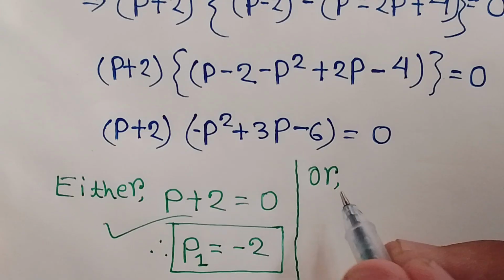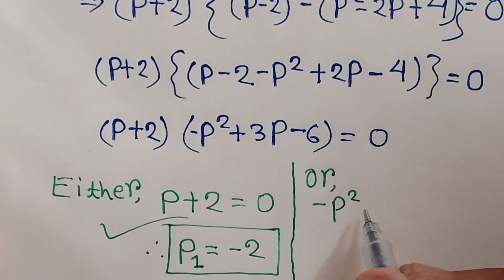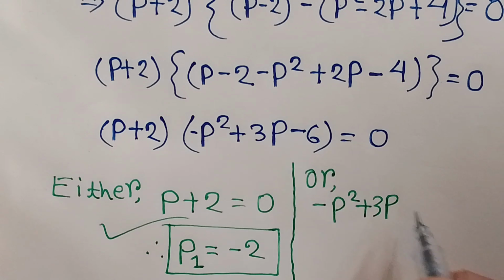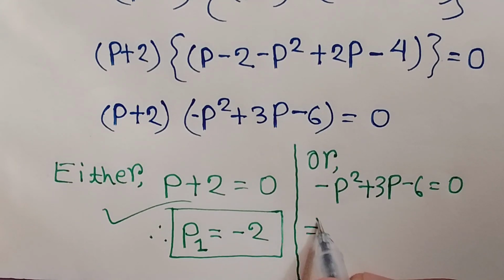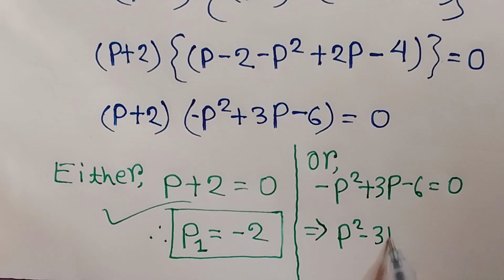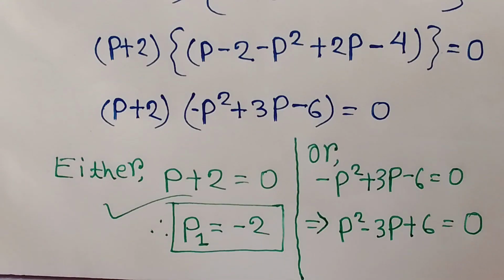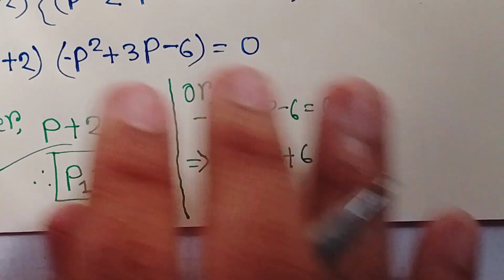So here our equation was minus p square plus 3p minus 6 equal to 0. So we can easily multiply this equation with minus, then we'll get p square minus 3p plus 6 equal to 0. So we get this is a quadratic equation.